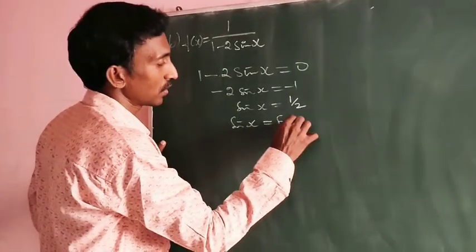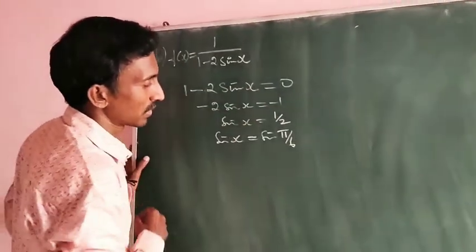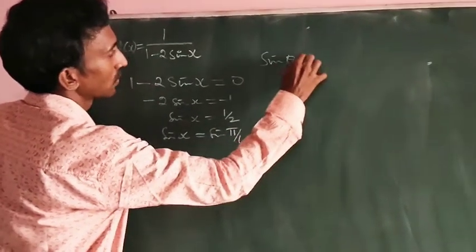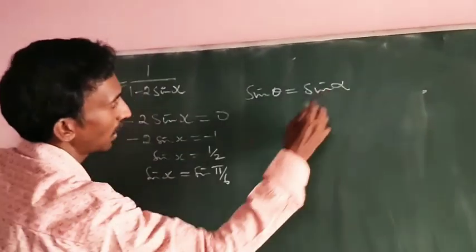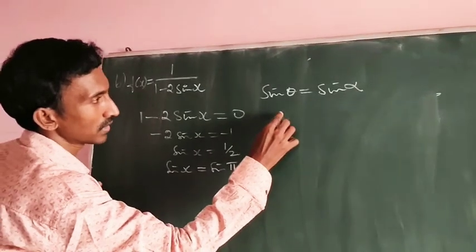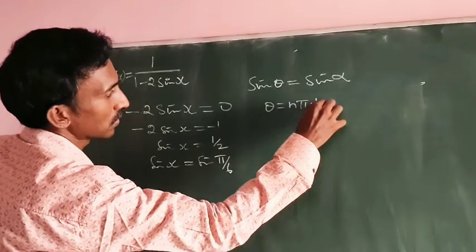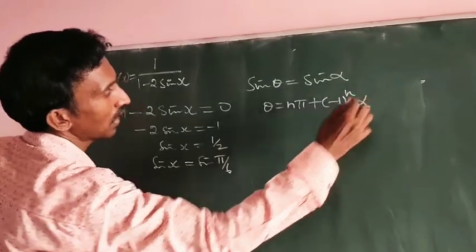I think 30 degrees, so sin pi by 6. If sin theta equals sin alpha, then the general solution is theta equals n pi plus minus 1 power n into alpha.